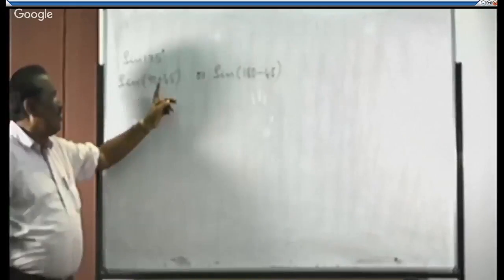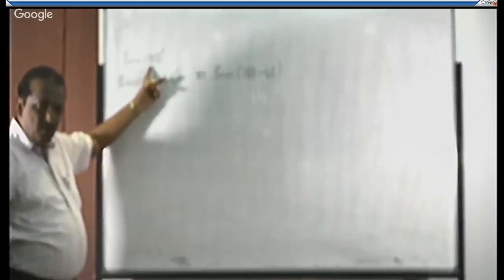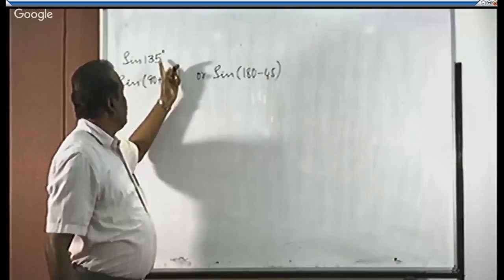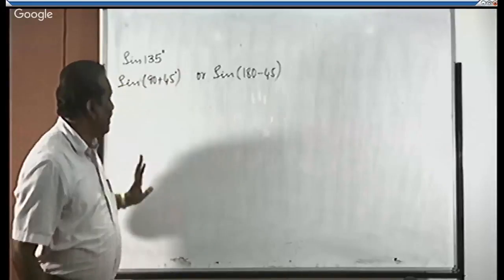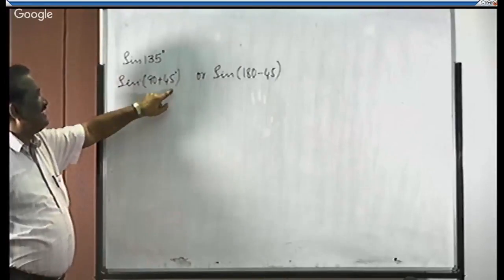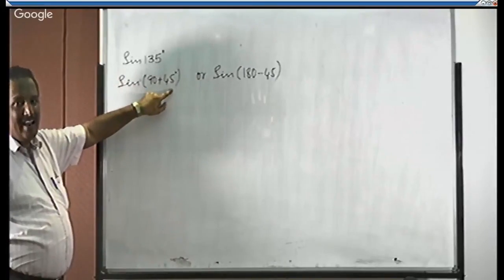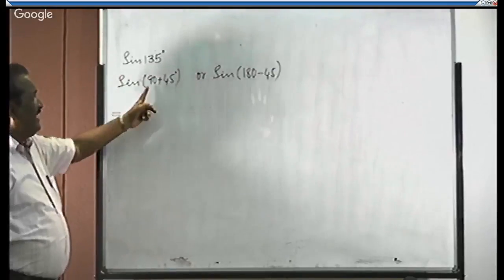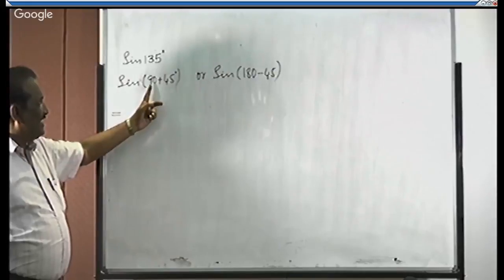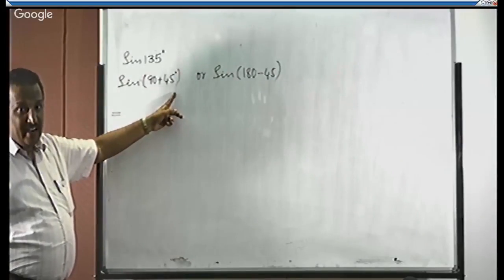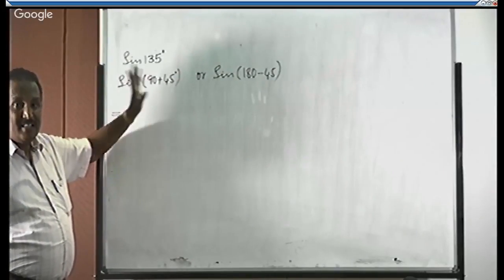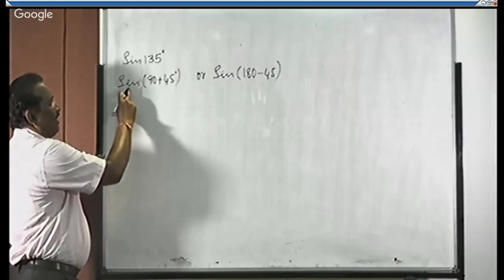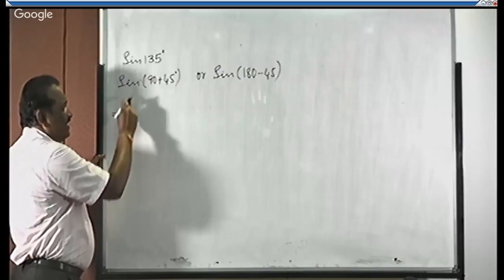If you add 45 to 90, you will get 135. If you subtract 45 from 180, you will get 135. Both are same. Now, it is definitely a result based on the allied angle. So you just follow the convention that I explained. 90 plus theta comes under the second quadrant, where sine is positive. Therefore, sine is positive.